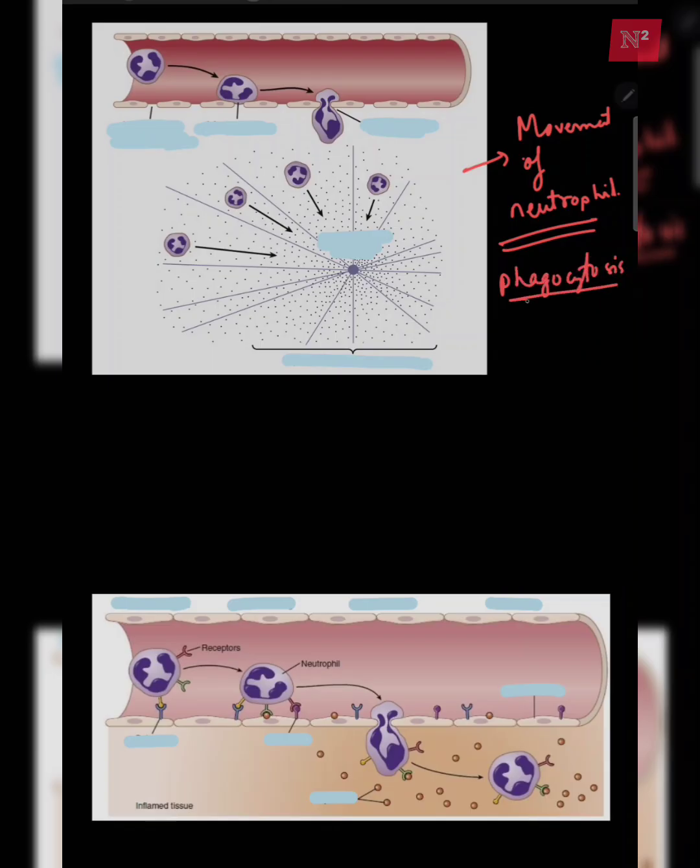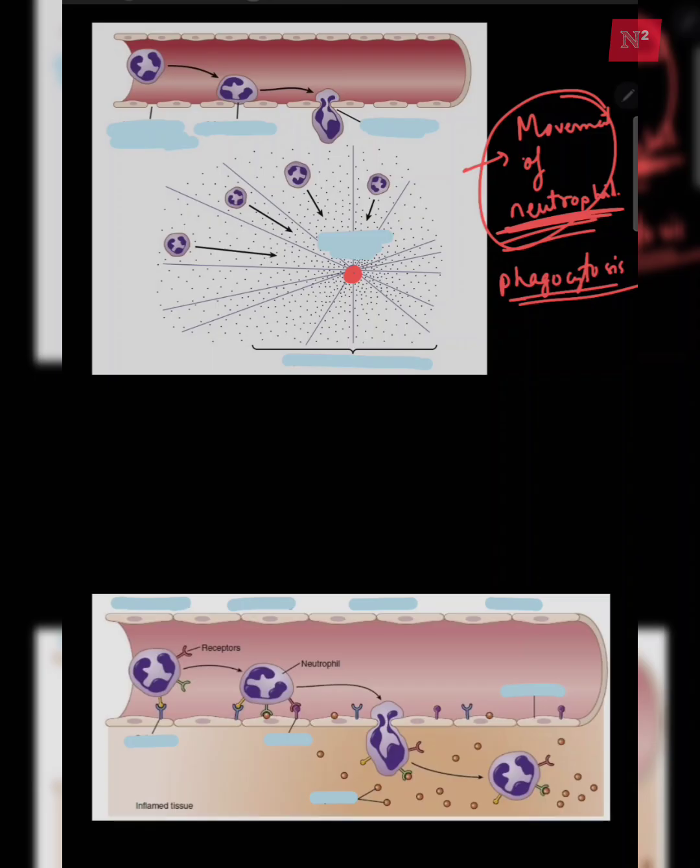Whenever there is a viral or bacterial or any immunologically active foreign body inside your blood, the first line of defense cells that come into play are called the neutrophils.